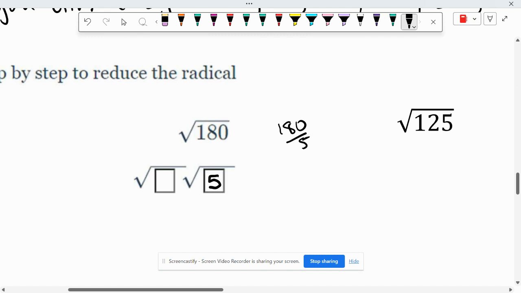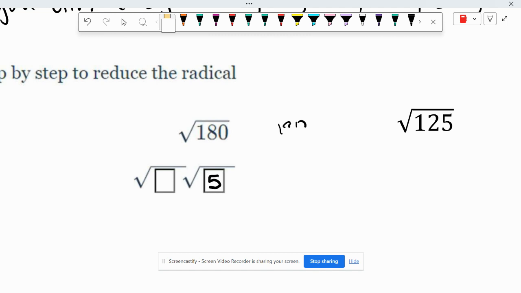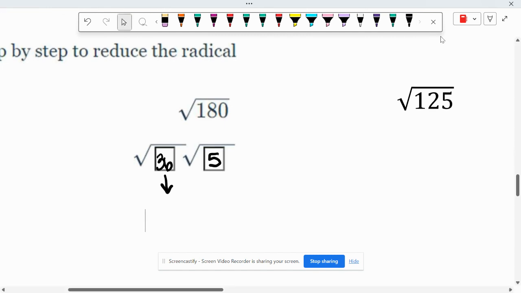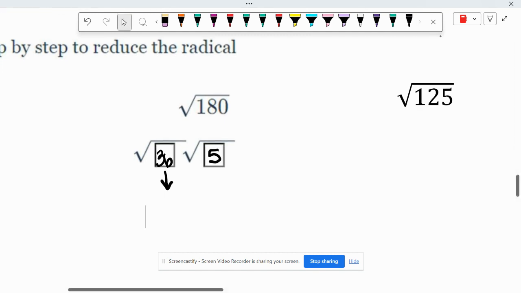What is 180 divided by 5? It's 36. I knew that before I set you guys up. 36 is a perfect square. What is the square root of 36? It's 6. So when I simplify this, this becomes 6 times the square root of 5.